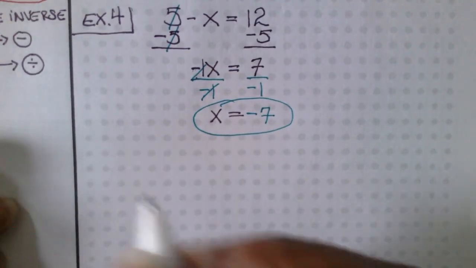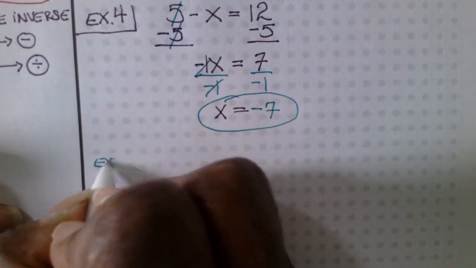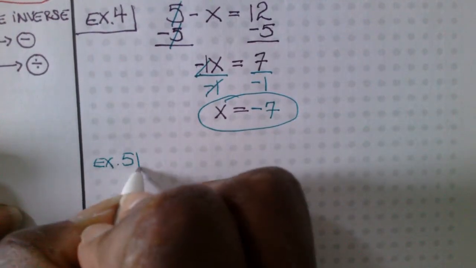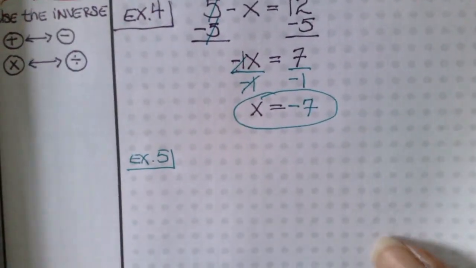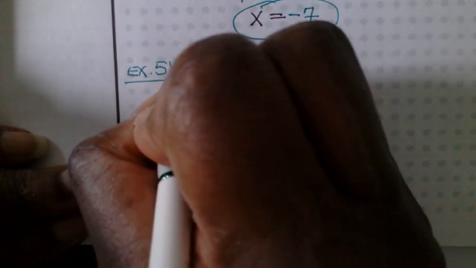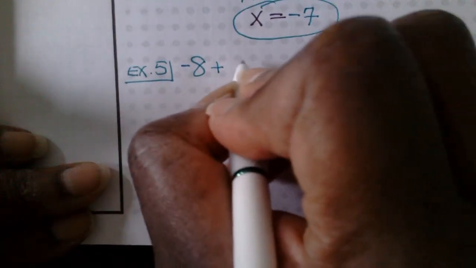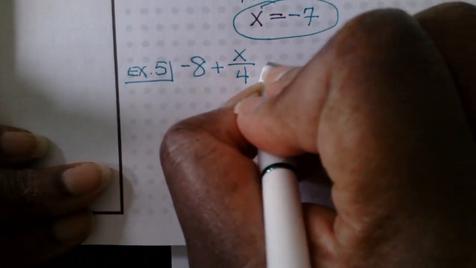All right, so let's try this example. Let's try this one. So we got -8 plus x over 4 equals 6.